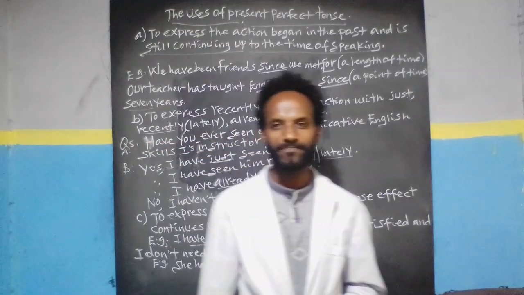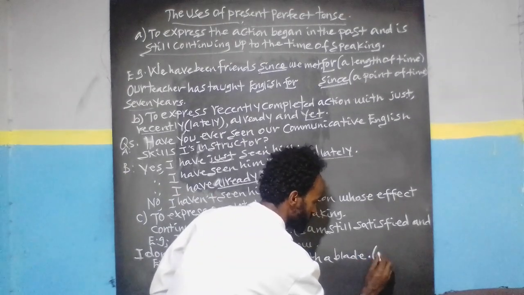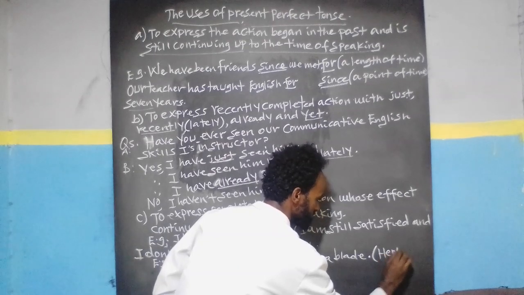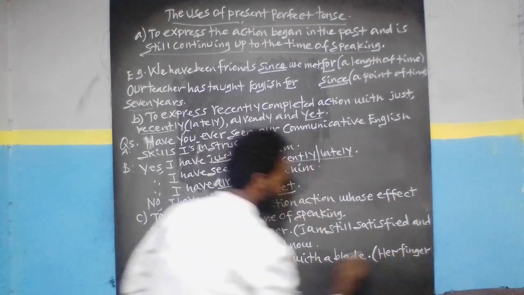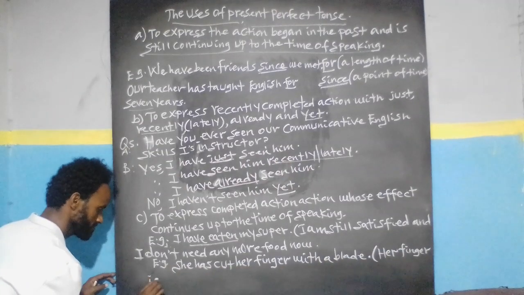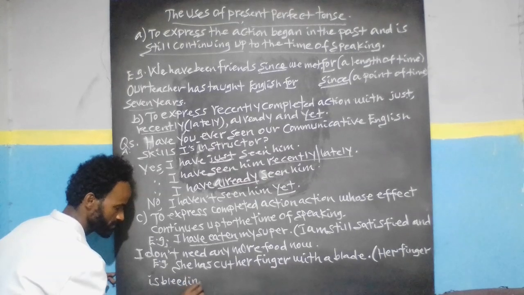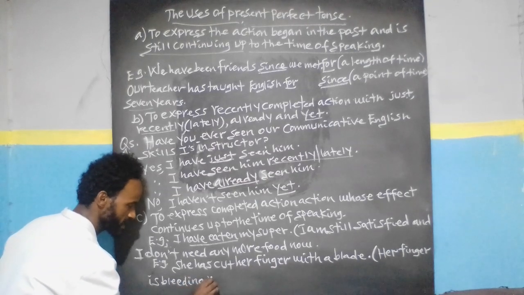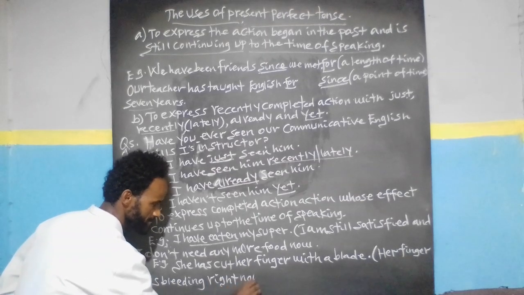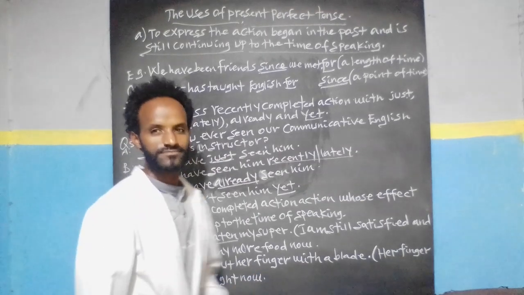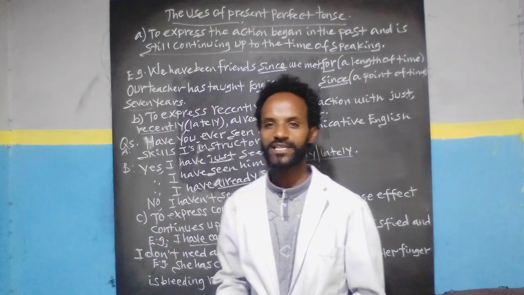Don't forget that point. The meaning of this one is her finger is bleeding right now. I hope it's enough if I say something about the present perfect tense uses in this way.